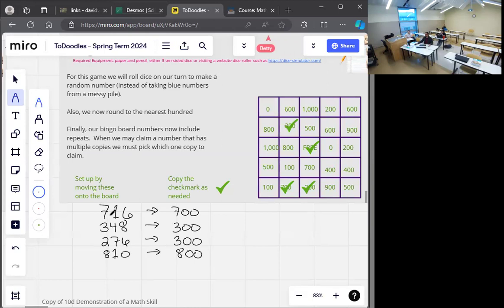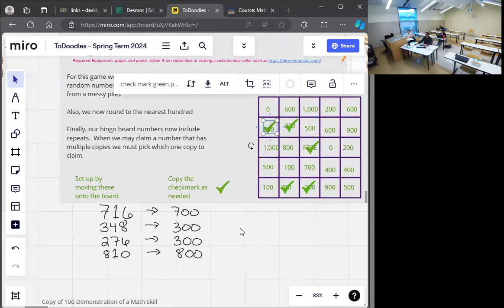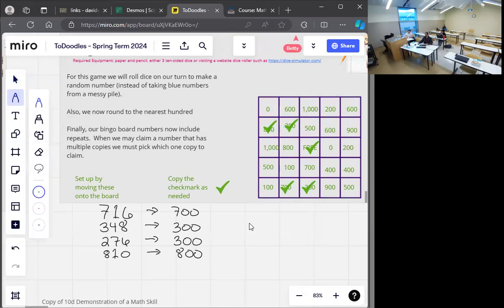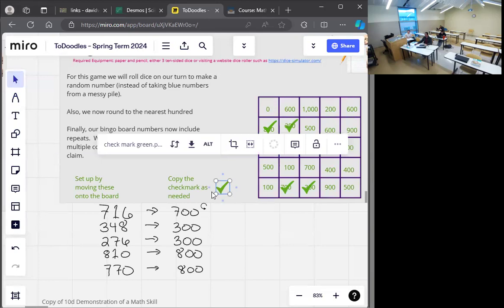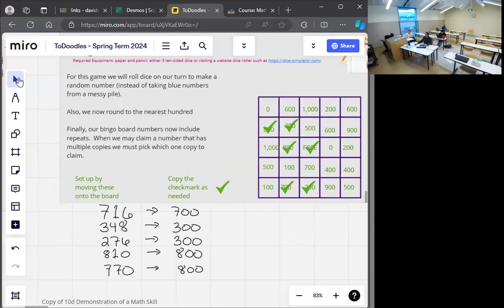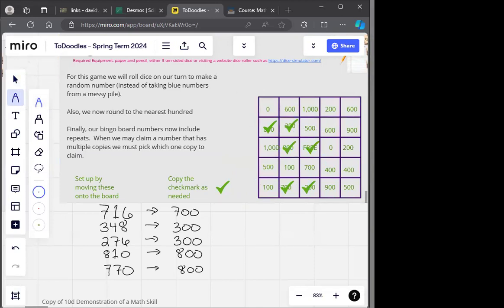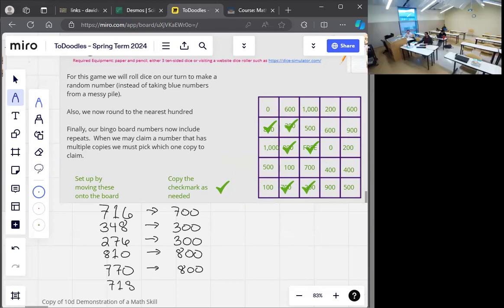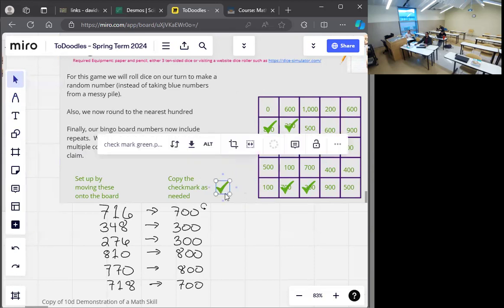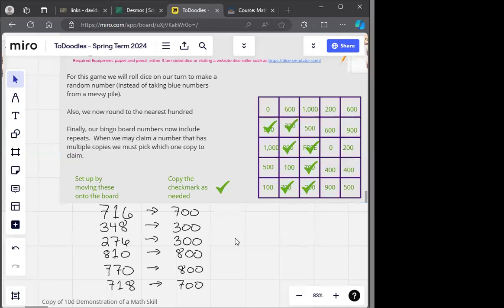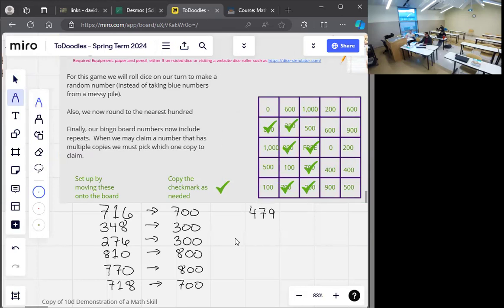The 10 isn't as big a deal as the 800. 770. 800. 800 again. 718. 700. 471. 400, how would that one round?